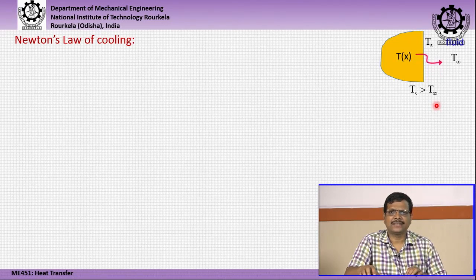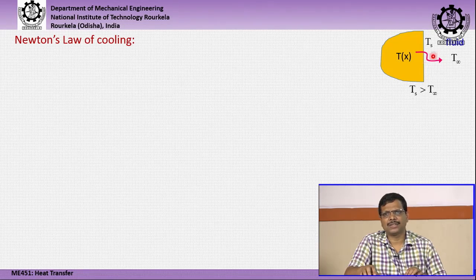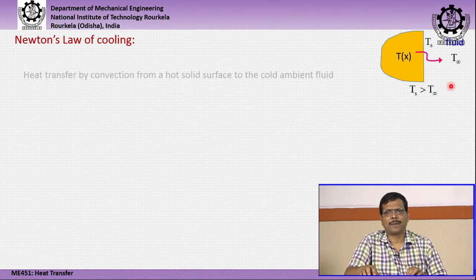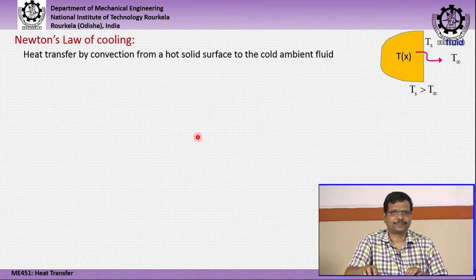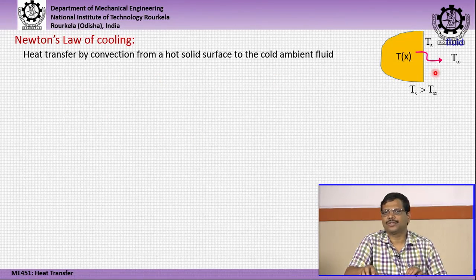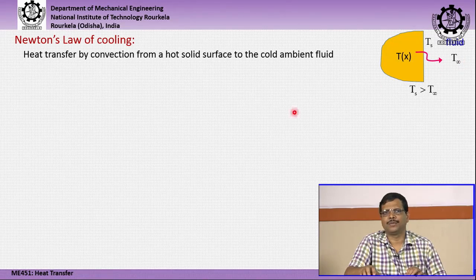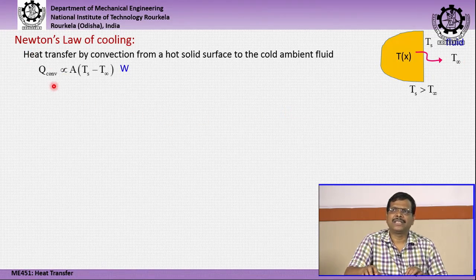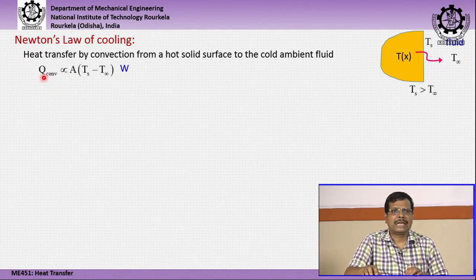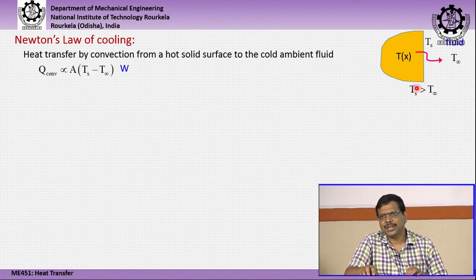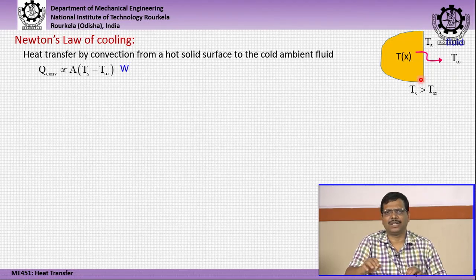So, in that case there will be heat transfer by convection from this hot solid surface to the cold ambient fluid. We will represent it as Q convection. This is directly proportional to the surface area which is in direct contact with the ambient fluid.